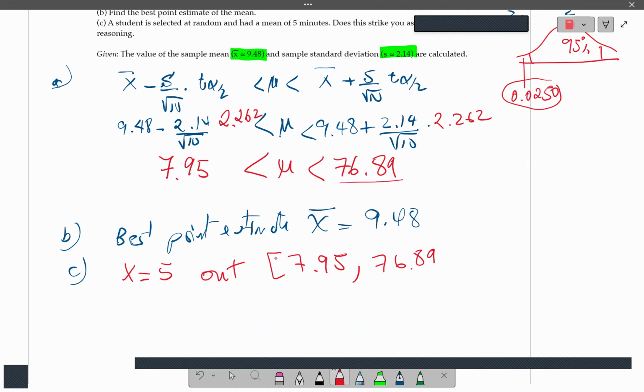I think I made a mistake here. It's not 76.89. Could you please double check? That's too big.